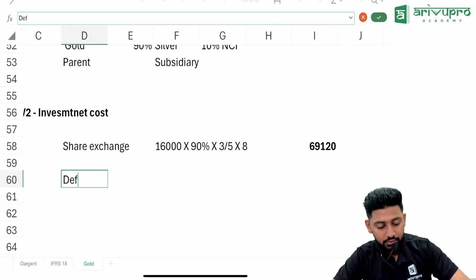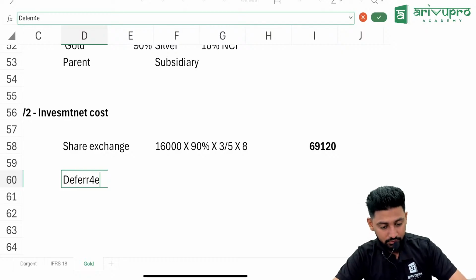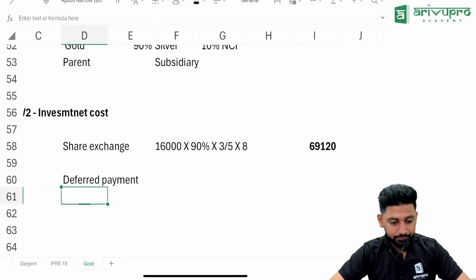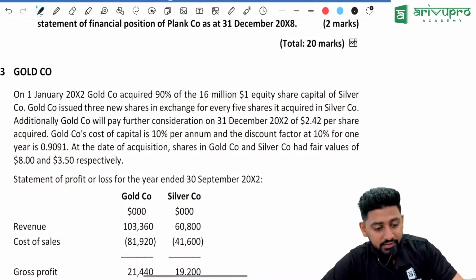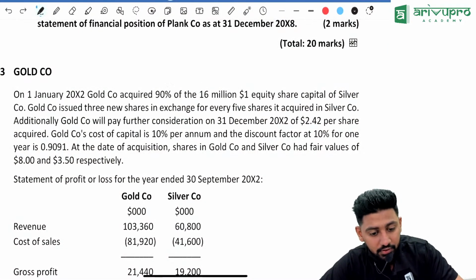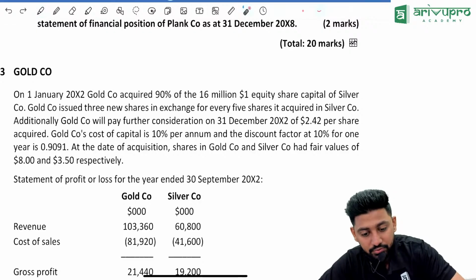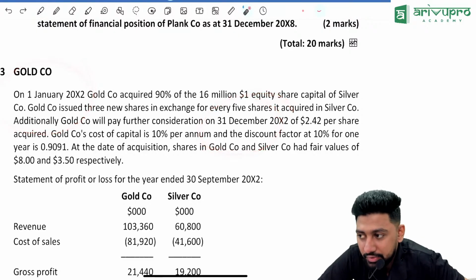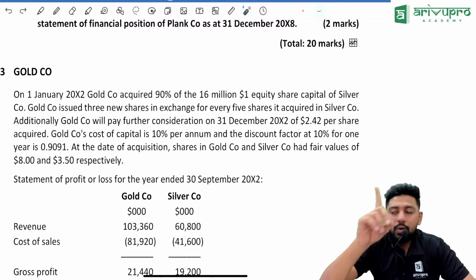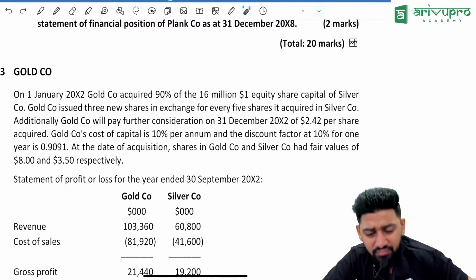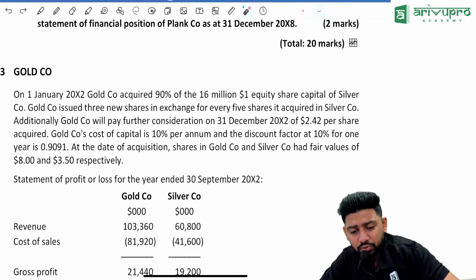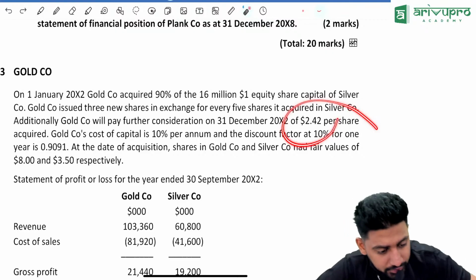Number 2, there is deferred payment. Once again, they say Gold will pay a further amount on 31st December 2012. You acquired on 1st of January. 31st December means 1 year. 2.42 per share acquired.